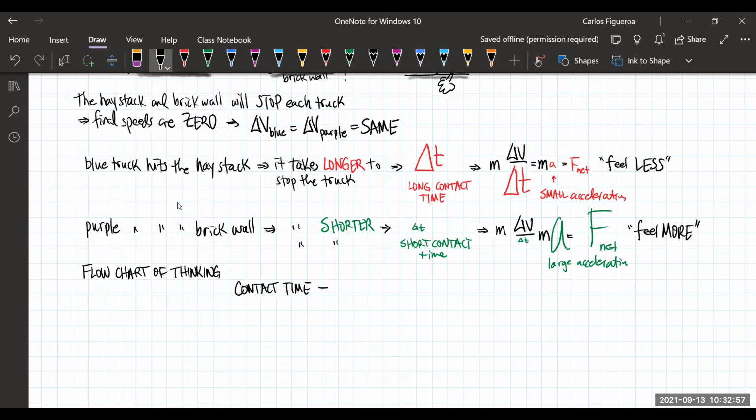From the contact time, you got to tell me about the acceleration. And from the acceleration, you then talk about the net force. A lot of times people will only give me the contact time, so I give you a third of the points. If you talk about the contact time and the acceleration, I give you 2/3 of the points. But if you talk about the contact time, the acceleration, and the net force, I give you all of the points.